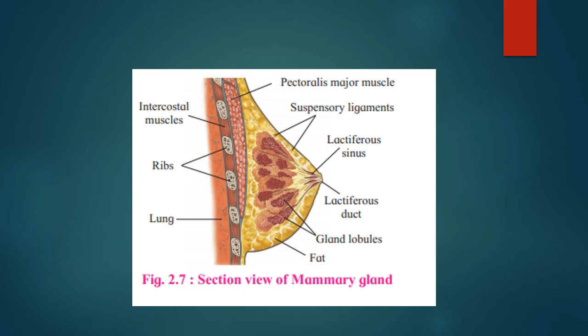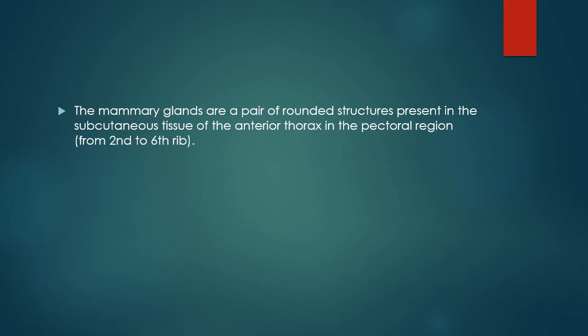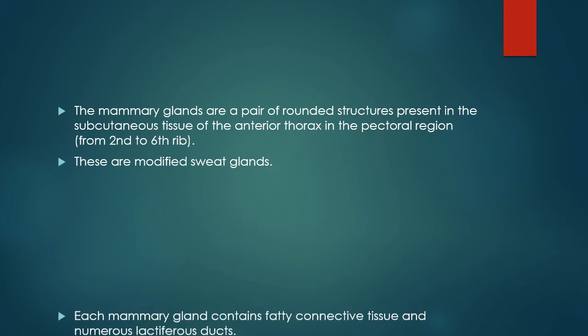This is a section view of the mammary glands. The mammary glands are a pair of rounded structures present in the subcutaneous tissue of the anterior thorax in the pectoral region from the 2nd to 6th rib. These are modified sweat glands.